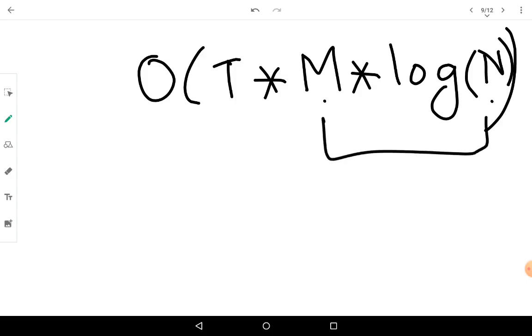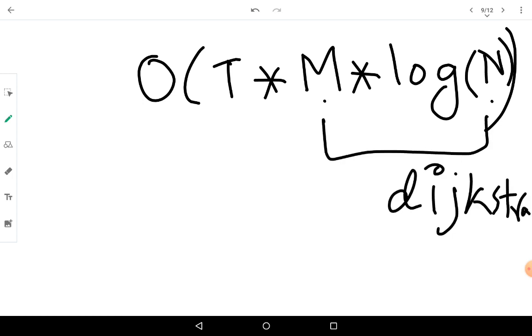This is the complexity of Dijkstra, and we are running Dijkstra for each iteration, so it's up to us. We can decide the value of t. We can maybe consider t to be equal to 20, because that's a good enough value. So this was our first approach for this particular problem. Now we'll be discussing a deterministic solution.